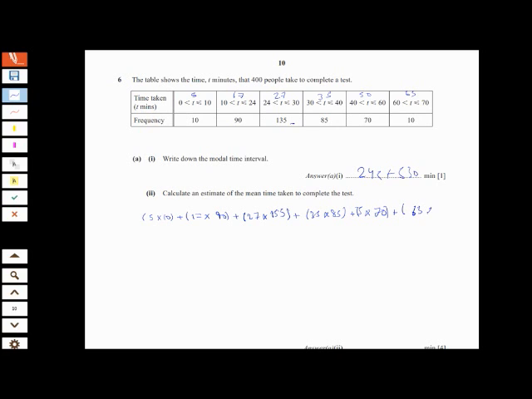And now divide all that by 400. And you get the answer, which is 30.875. Rounded, that should be 30.9.